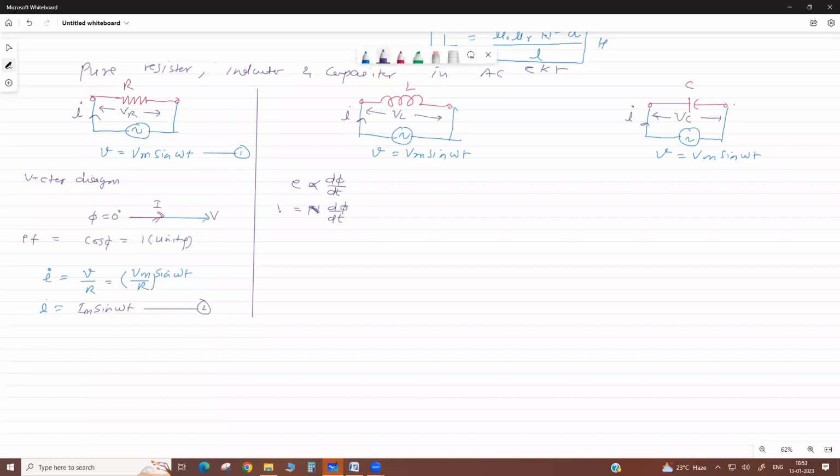Correct? E means the voltage induced, the self-induced voltage, or VL. According to Faraday's law, this is the equation.